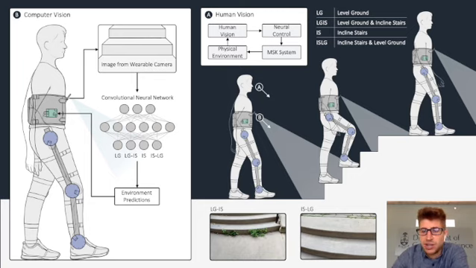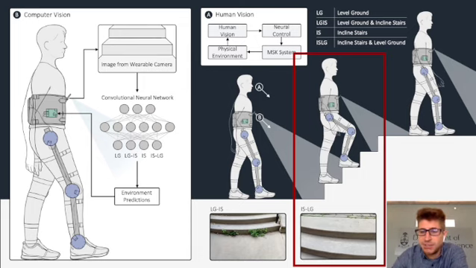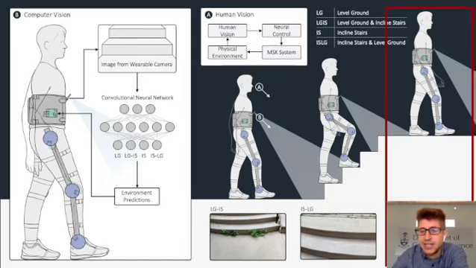And we focused on 4 main environmental states, including level ground transition to inclined stairs, the next being steady state inclined stairs, although I don't show that here just because of limitations in space. The third being inclined stairs transition back to level ground, and finally steady state level ground terrain.